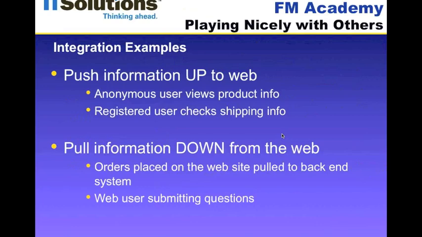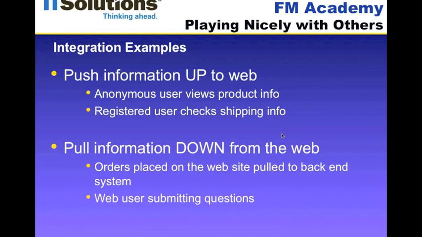Today, I'd like to highlight two types of integration that I've done here at ITSolutions over the past year. The first is taking information from a FileMaker database and pushing it up to a website. Some examples of this would be showing users a list of products that you have for sale in your database. That could be fed from your FileMaker database, but viewable on a website.